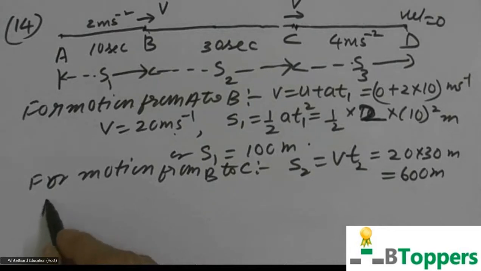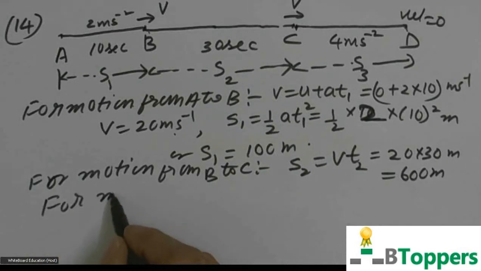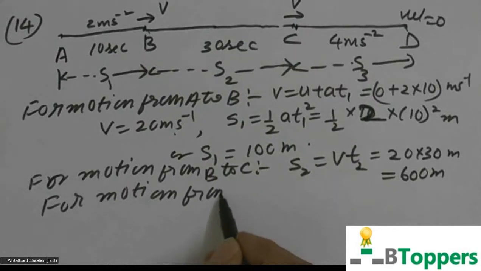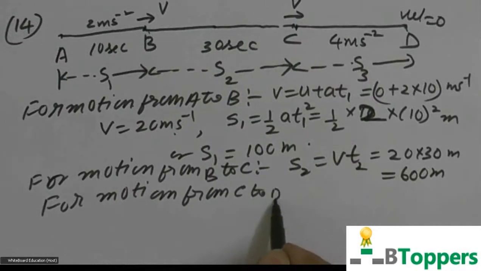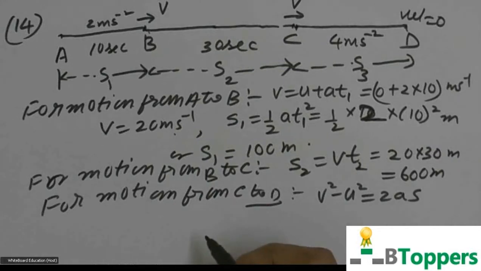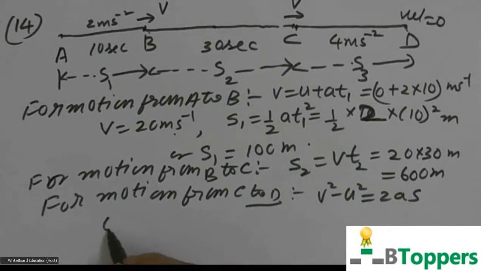So next, if you consider the retarded motion from C to D, you can use the formula v square minus u square equal to 2as for motion from C to D, because you have to find the distance S3 traveled during the retarded motion. The final velocity at D is 0.